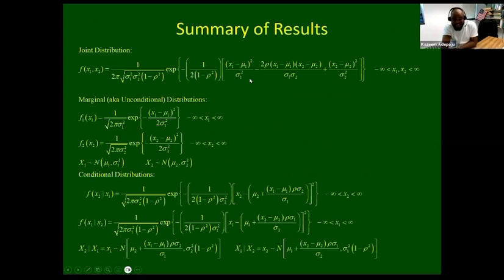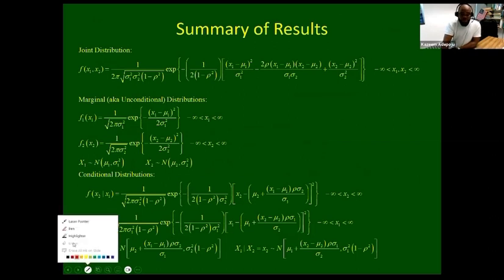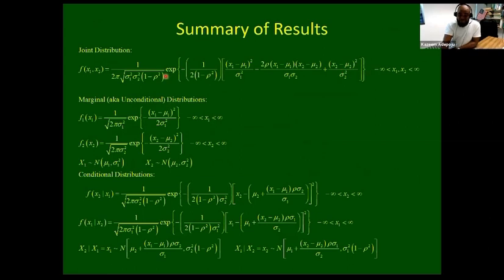Today, I've presented the joint normal distribution, where x1 and x2 follow normal distributions. They are jointly distributed, and that is the reason why we don't use a separate normal density function.